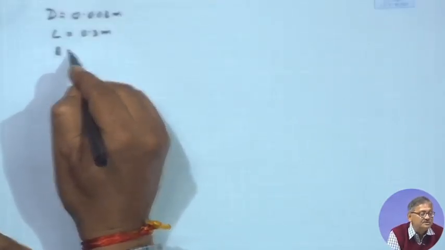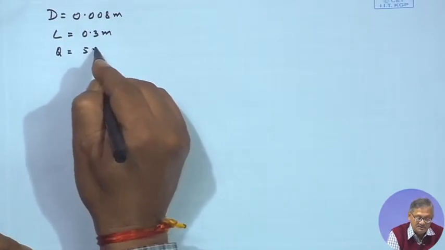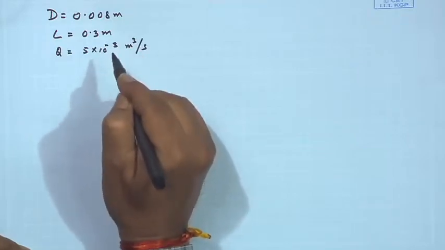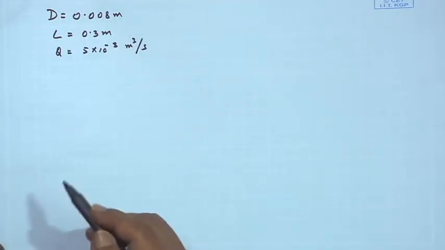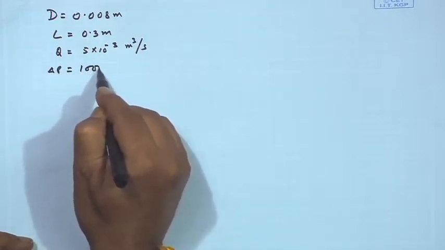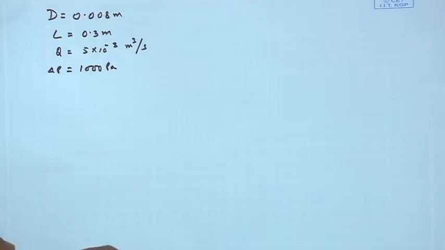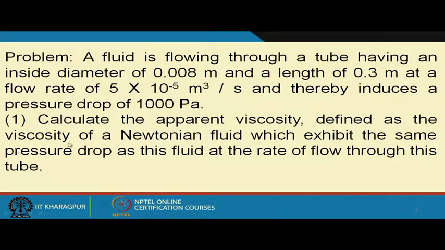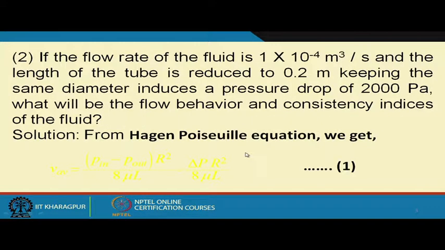So, Q is equal to 5 into 10 to the power minus 5 meter cube per second, thereby inducing a pressure drop. So, delta P is equal to 1000 Pascal. Calculate the apparent viscosity defined as the viscosity of a Newtonian fluid which exhibits the same pressure drop as this fluid at the rate of flow through this tube.